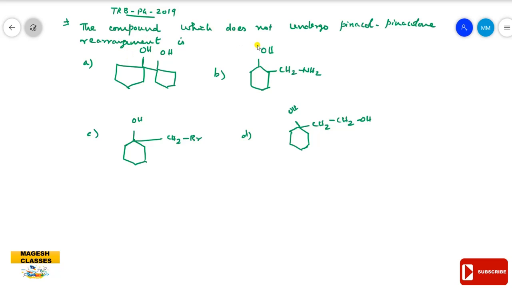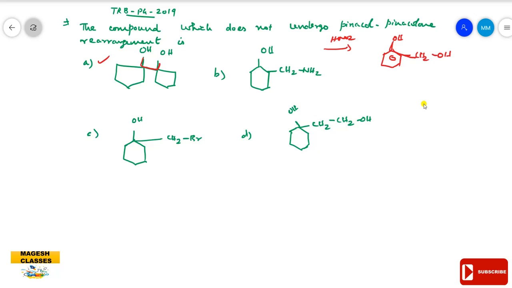The compound which does not undergo Pinacol-Pinacolone rearrangement is. For Pinacol-Pinacolone rearrangement, there must be a diol system. Here there is a diol system, so this compound undergoes Pinacol-Pinacolone rearrangement. Here the amino group system, NH2, when treated with nitrous acid, this compound will be converted into OH, CH2, OH.